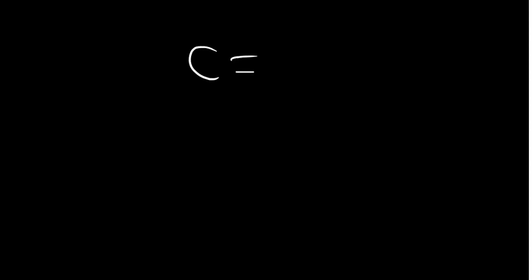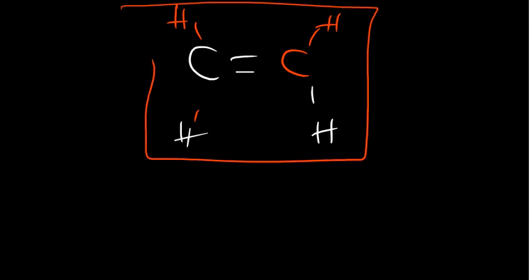For example, this is what we call ethene, which is the smallest unsaturated hydrocarbon of the alkenes. It is unsaturated because these carbons can still gain, and when they gain, that double bond will be split, so it will be a single bond there and a single bond there.